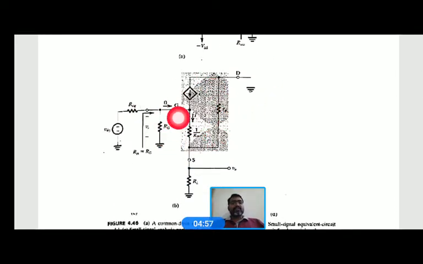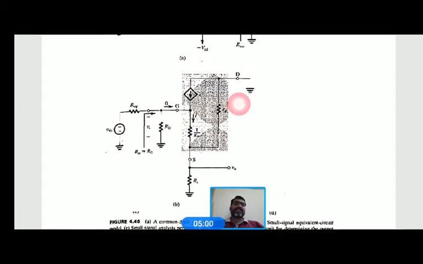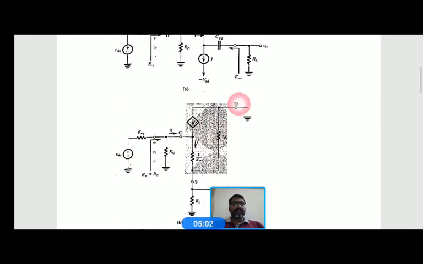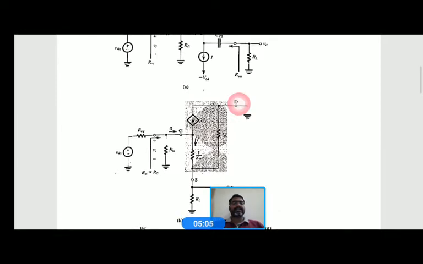To derive the AC equivalent circuit, here we are utilizing the hybrid T model of a MOSFET. In a previous session also we utilized the T model to analyze the common source amplifier with RS.